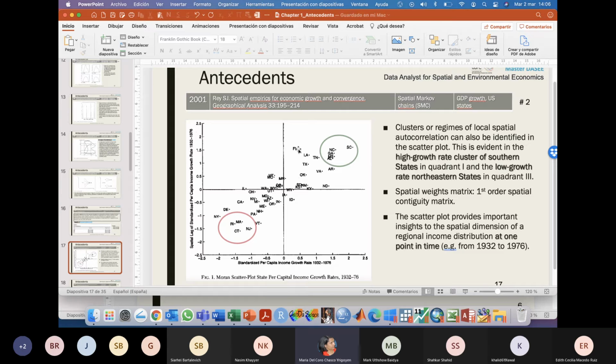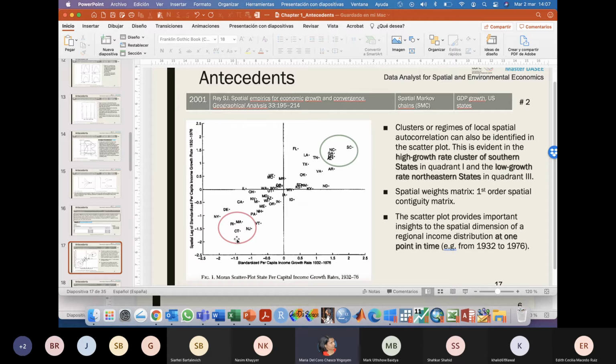With high growth rates in this period of 1932 to 1976 that are surrounded, because in the vertical axis is, for each of the states, the spatial lag. So, the average of the per capita incomes of its neighboring regions, that are surrounded by regions that on average are also high in per capita income. So it is the high or HH quadrant.